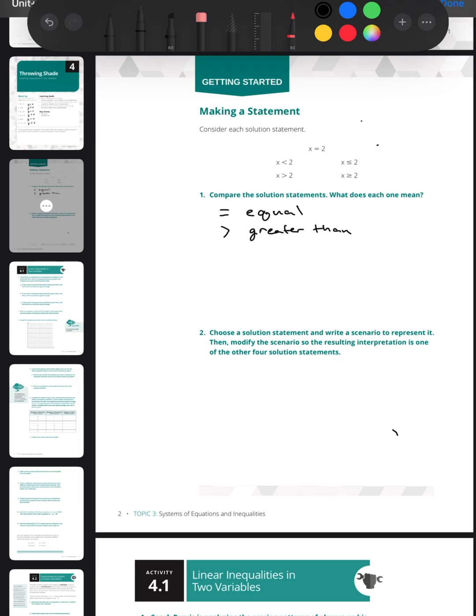And then before we get to the less than, I like to include with that the greater than or equal to sign. And then it'll turn the other way and we got a less than sign and a less than or equal to sign.